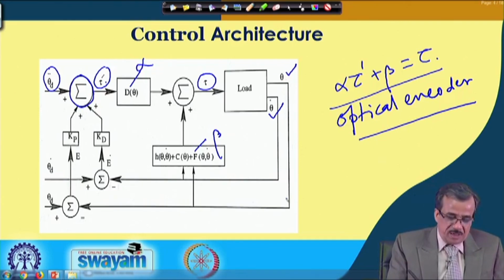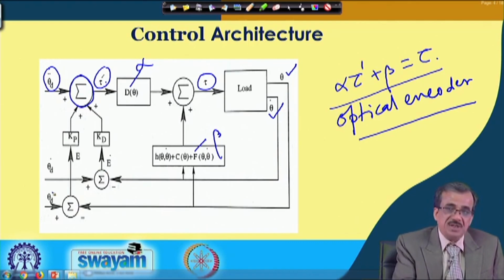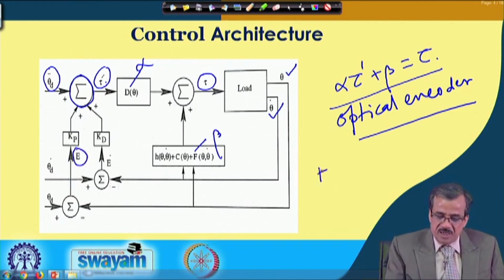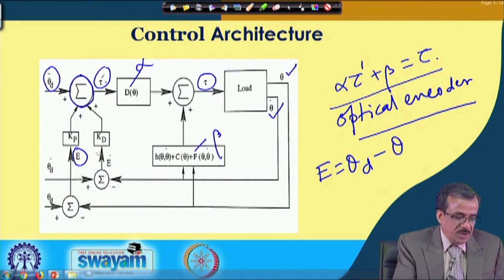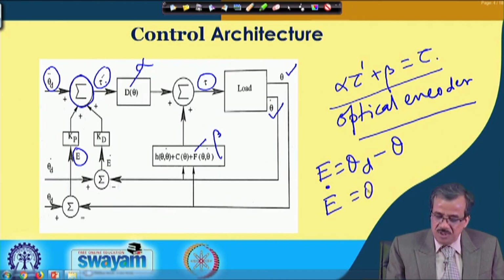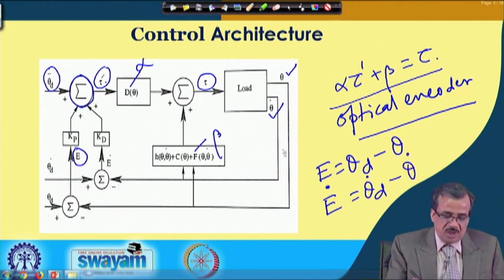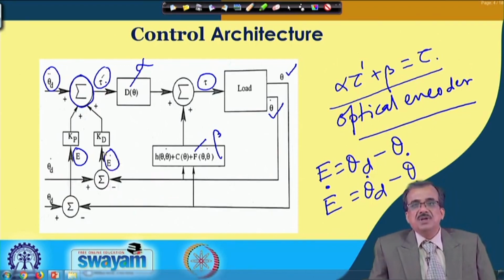Now, this theta and theta dot will be brought to the summing junction, and theta will be compared with theta d, and we will get the error. This error is theta d minus theta, and similarly you can find E dot, which is theta d dot minus theta dot.